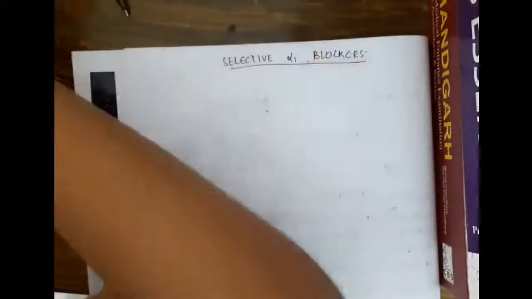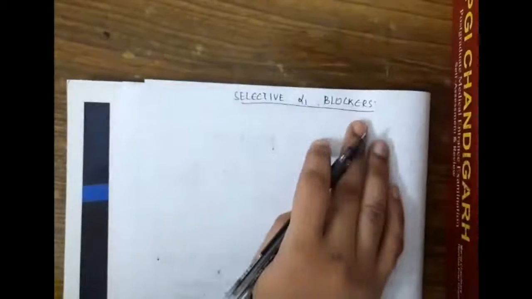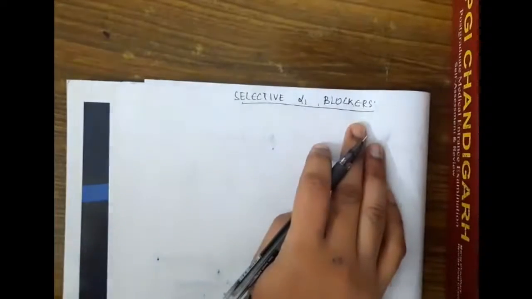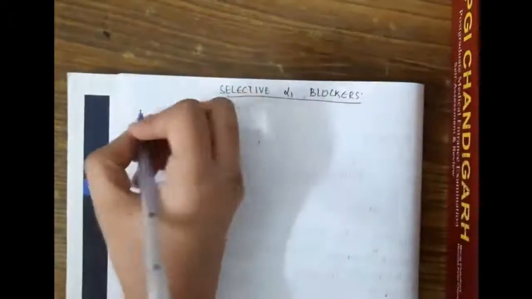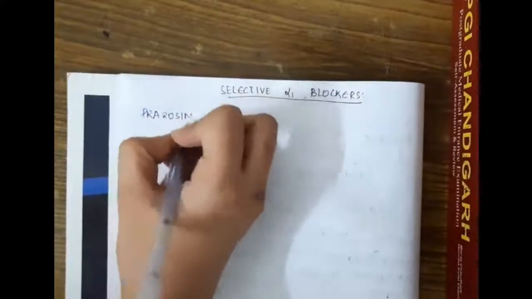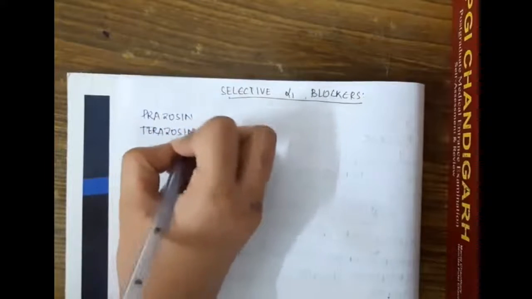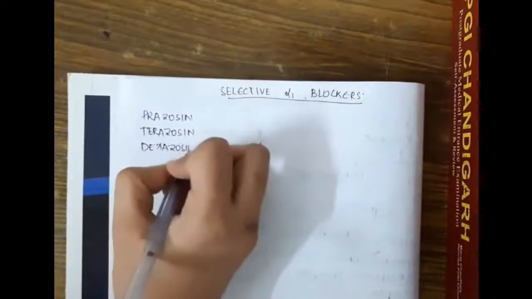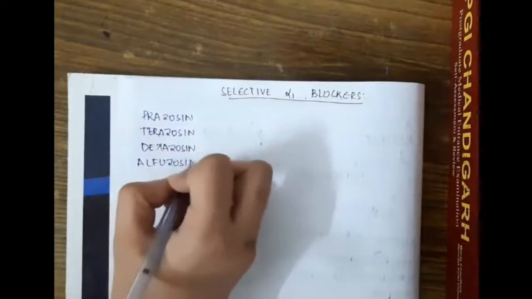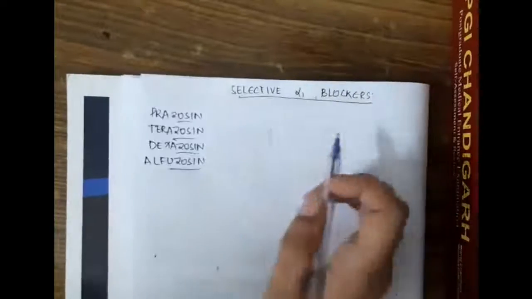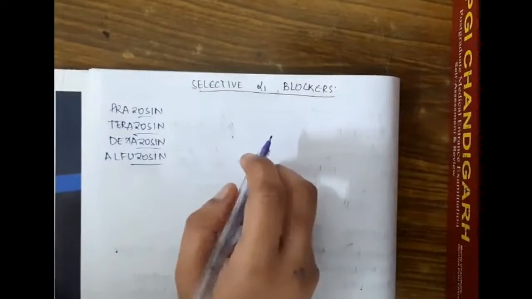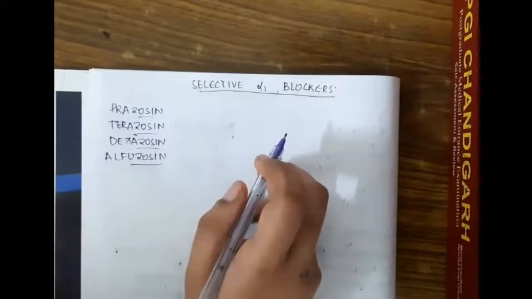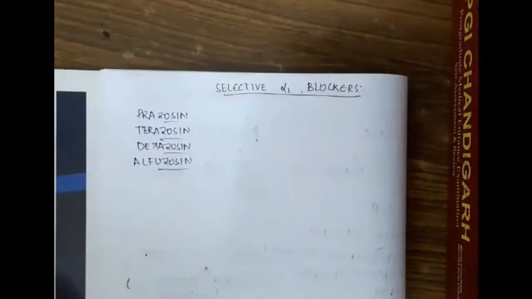Selective alpha 1 blockers include drugs like prazosin, terazosin, doxazosin, alfuzosin. All these end in -zosin, and all these will cause vasodilatation and thus decrease BP, because they will specifically inhibit the alpha 1 receptor.